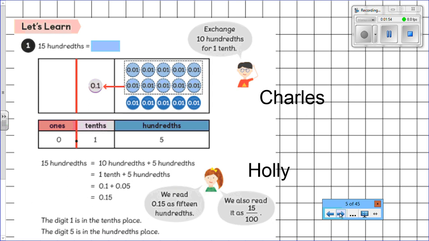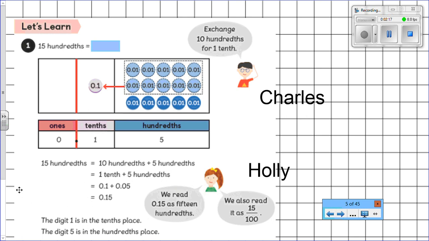Holly has decided not to use the place value counters, but she has used a place value chart, and she has written that she's got 0 ones, 1/10, and 5 hundredths. You can see she's written it out here fully.